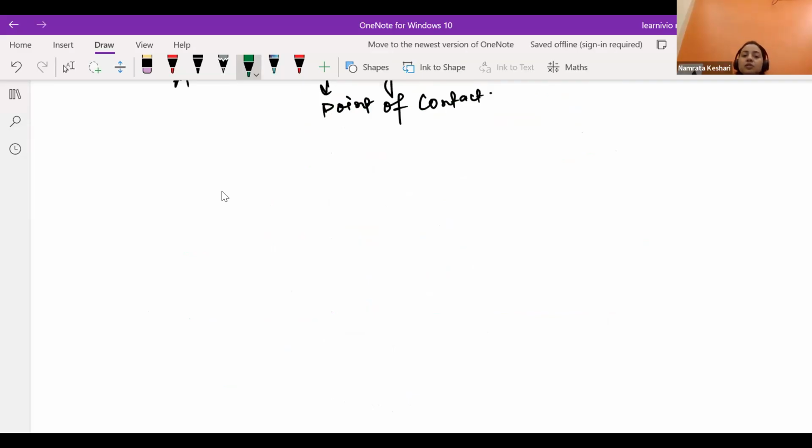Now suppose we have a circle, and I give you a point, let's call it P, and ask you to draw a tangent through this point P. Is it possible?